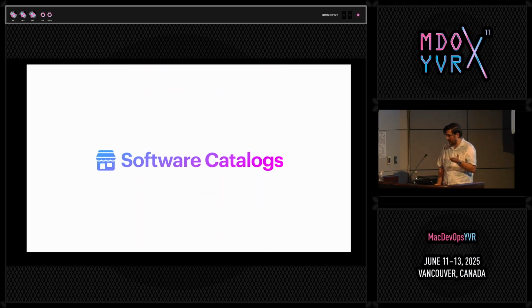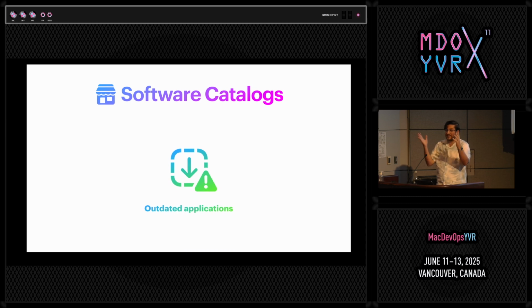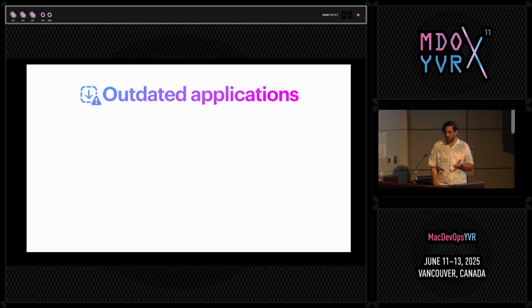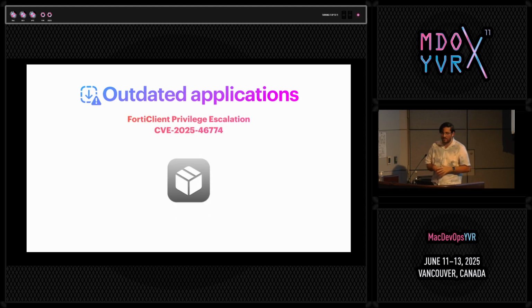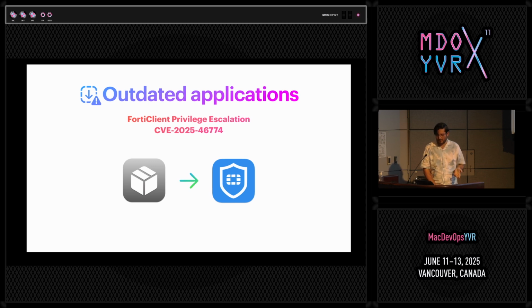Now let's move to software catalogs. For software catalogs, it's a pretty straightforward one, but it is outdated applications. For outdated applications, I'm going to use a FortiClient CVE I worked on. Let's say you have your managed software center or some kind of system that you are using to install applications, and here you're going to install FortiClient.